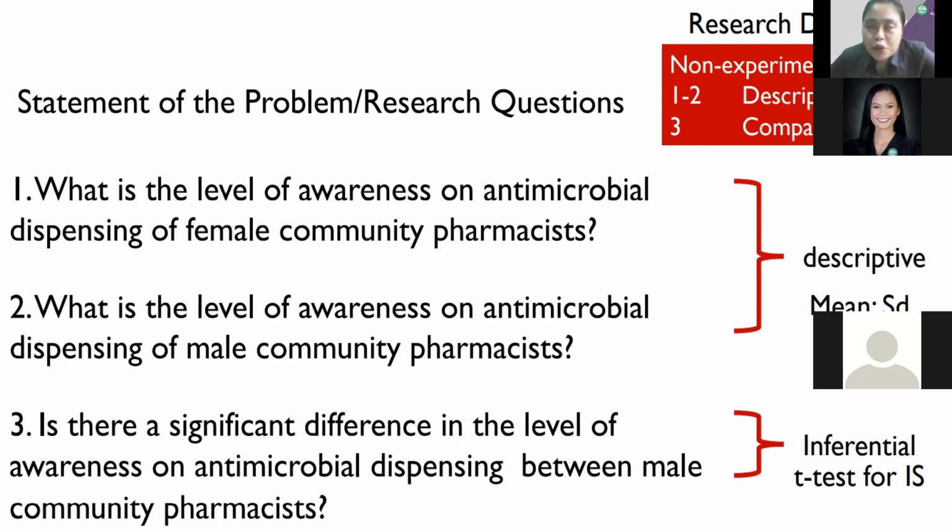So if that's the case, I mean, then independent sample t-test is really suitable for this. We just have to check for normality if talaga bang independent sample t-test yung gagawin. Okay?